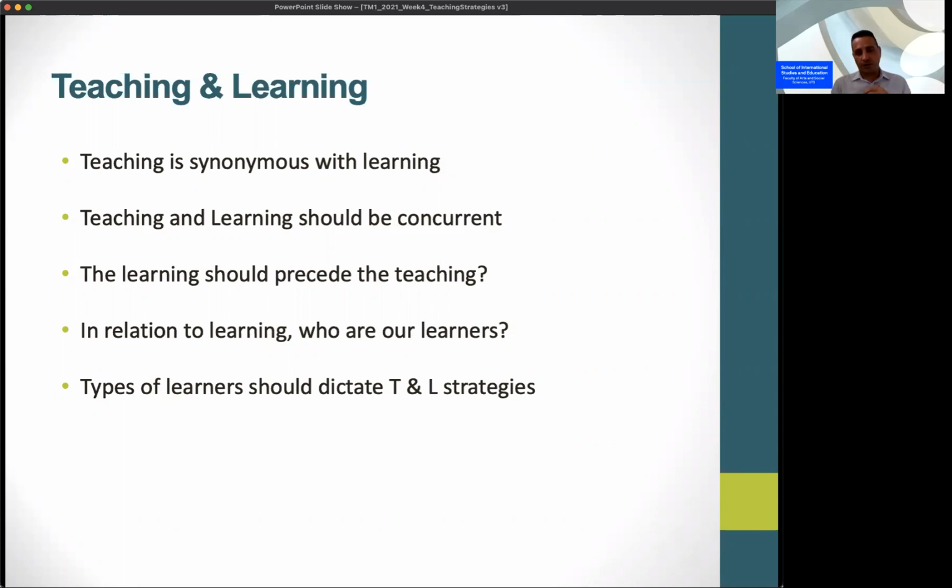We are still teaching while the students are working in groups. And while the students are working in groups or independently, they are still learning from us. We are still teaching, not just those couple of minutes at the beginning of the lesson or the conclusion of the lesson when we're summing up the idea. So the teaching and learning should be concurrent, and it's throughout, obviously, the duration of the lesson.